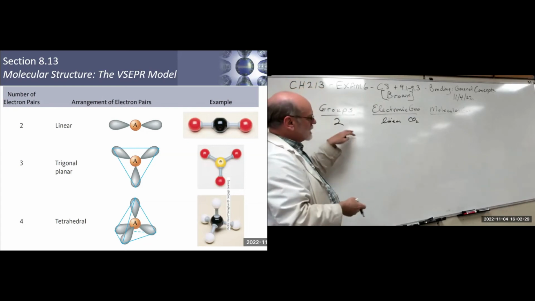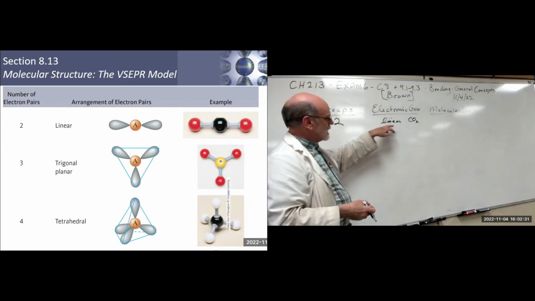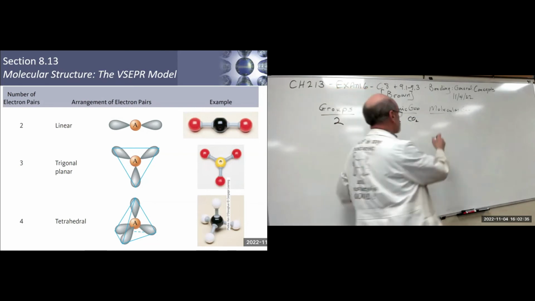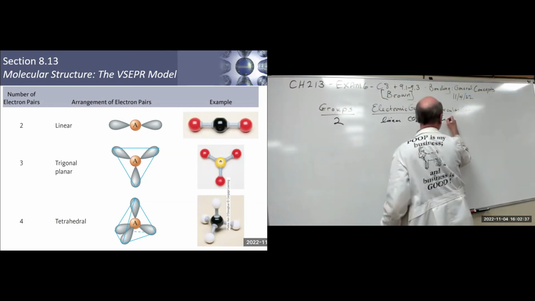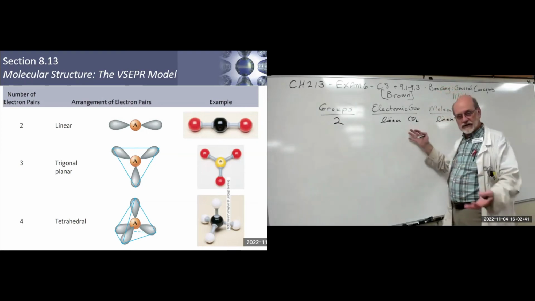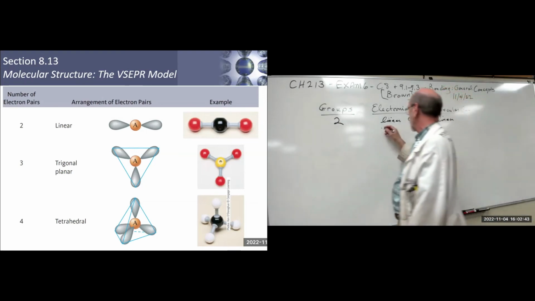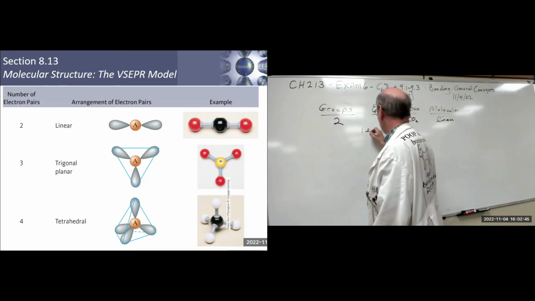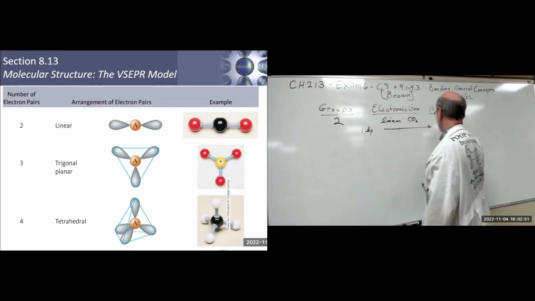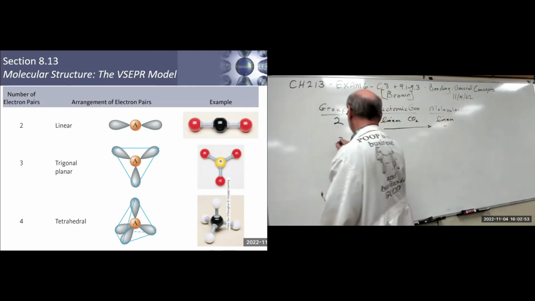So if there are atoms occupying those positions, the molecular geometry is still linear. If one of them is a lone pair, you're still linear, right? So one lone pair means linear.